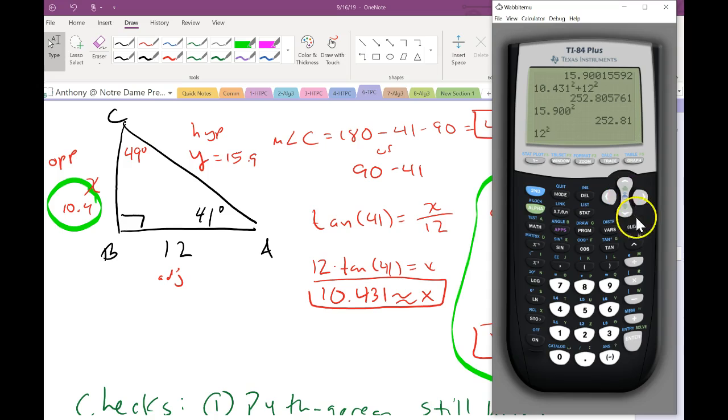let's just illustrate to you what we would get, just so everybody can see. So this is me using the Pythagorean theorem.